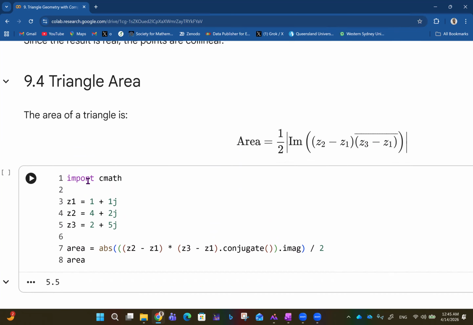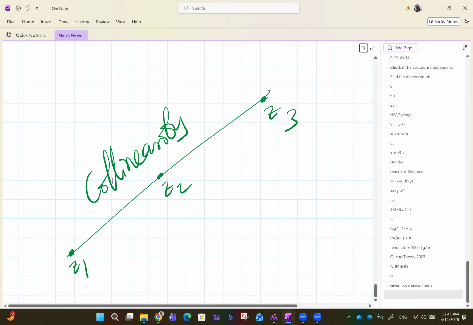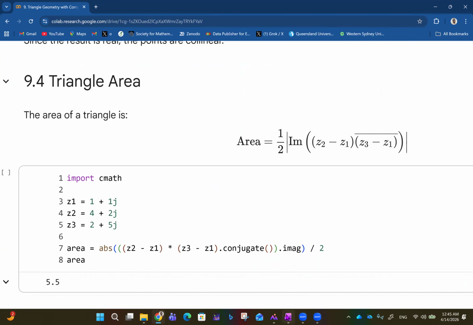Okay, so for instance, let's use an example. Be sure of the numbers. You have 1 plus j, 4 plus 2j, 2 plus 5j.